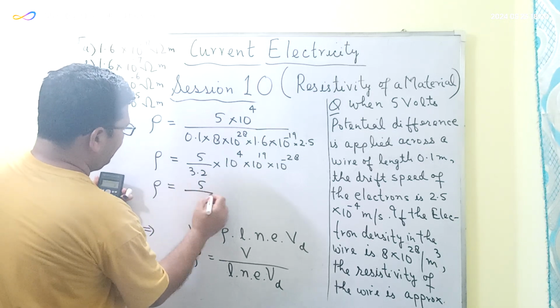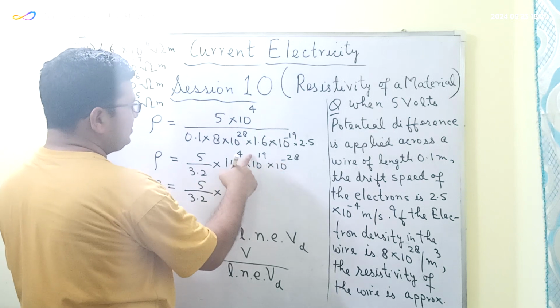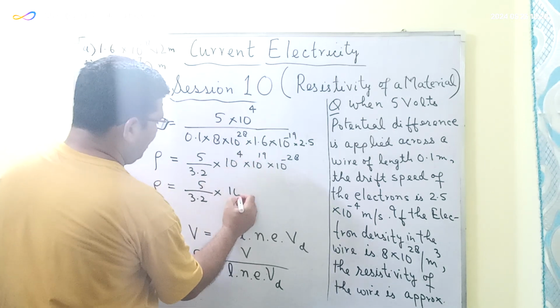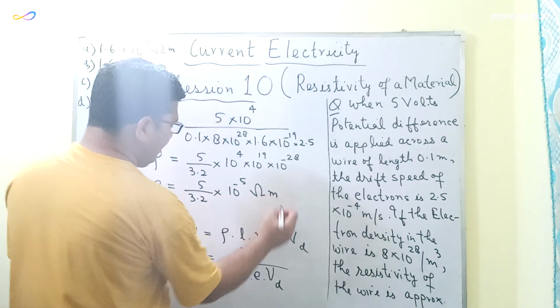So the answer is 5 divided by 3.2 into 10 to the power minus 5, and the unit will be ohm meter.